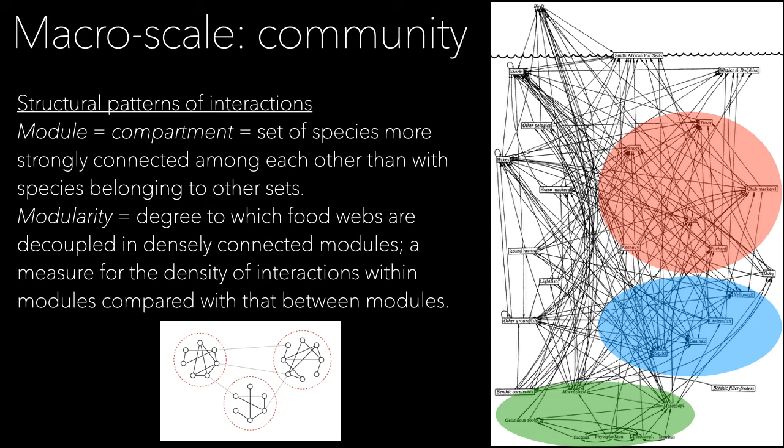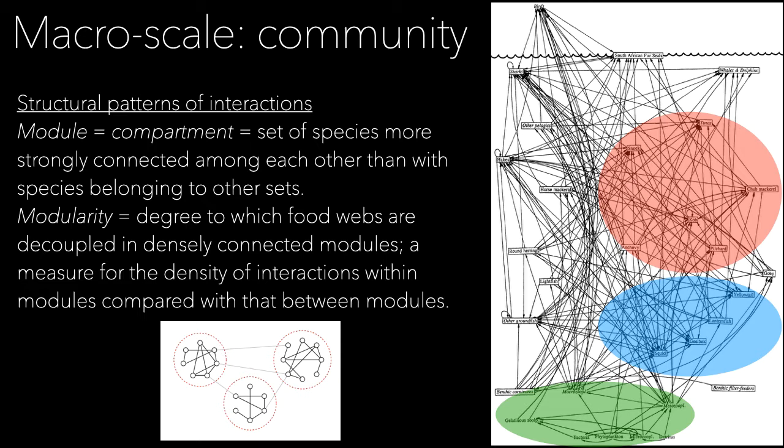This is, for instance, in our Benguela food web, depicted here on the right with these 3 different colors. We have, for instance, those basal species that represent a module where there are lots of connections among themselves, and few species have connections to species in other modules, like in this case the intermediate top predators.